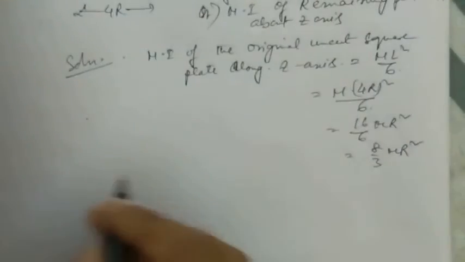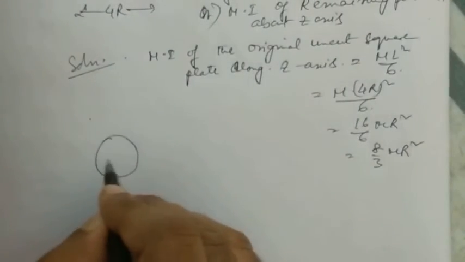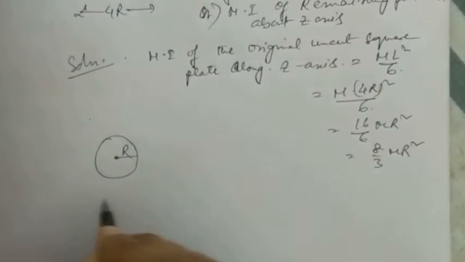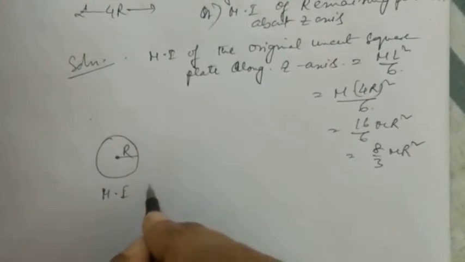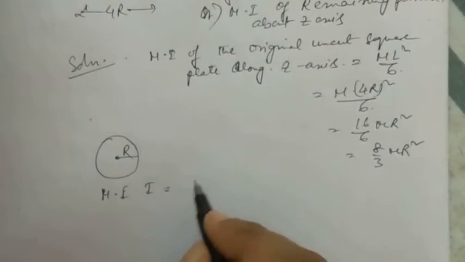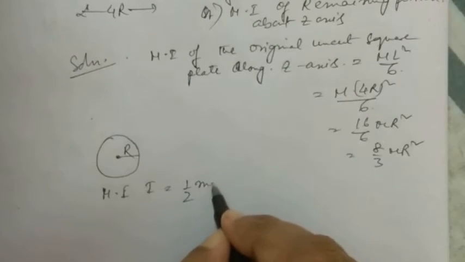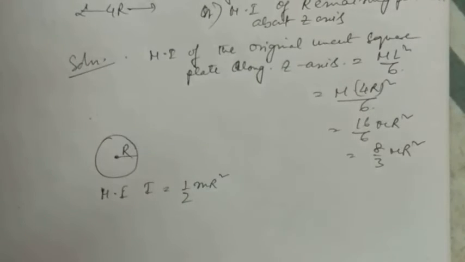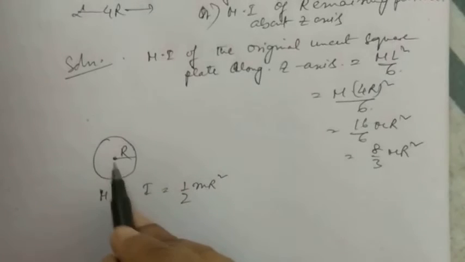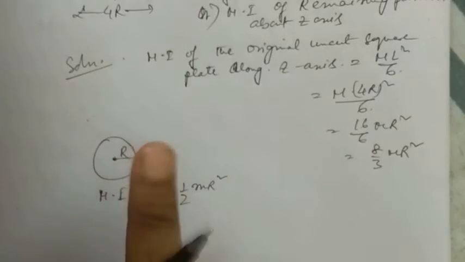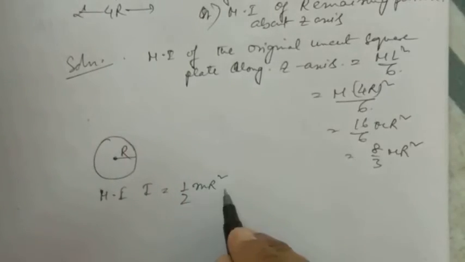The formula for a disc of radius r is I equal to half mr square, where small m is the mass of one disc. So the moment of inertia about its own axis, perpendicular to its plane, is half mr square.